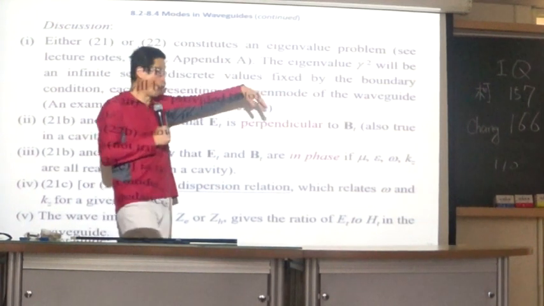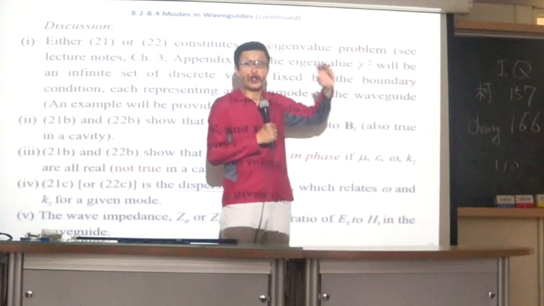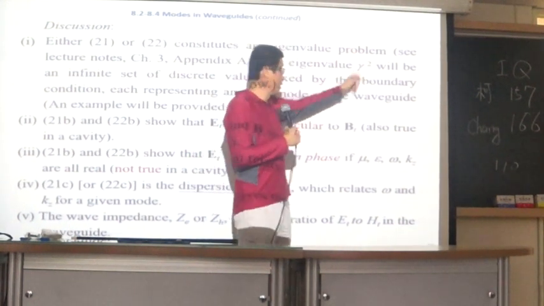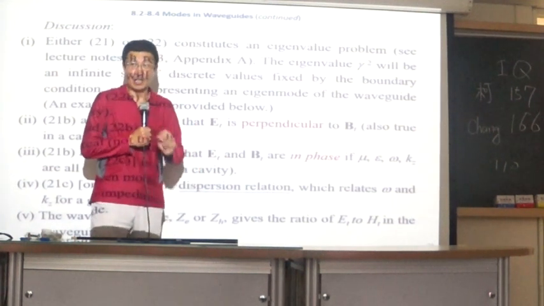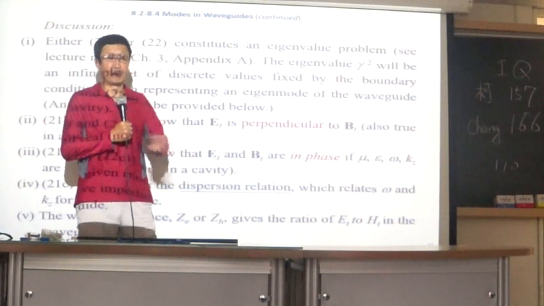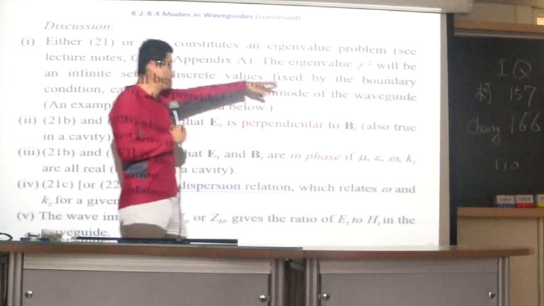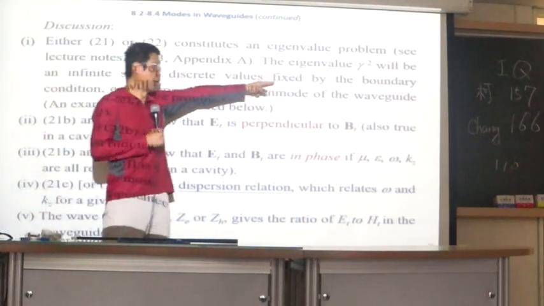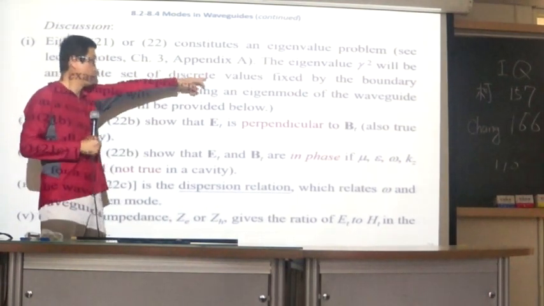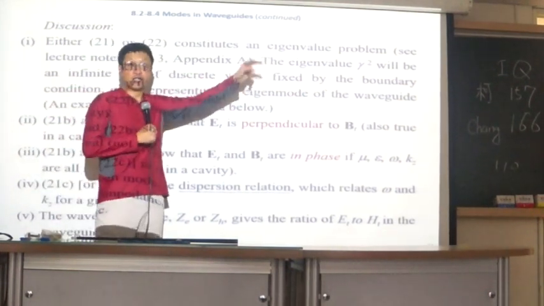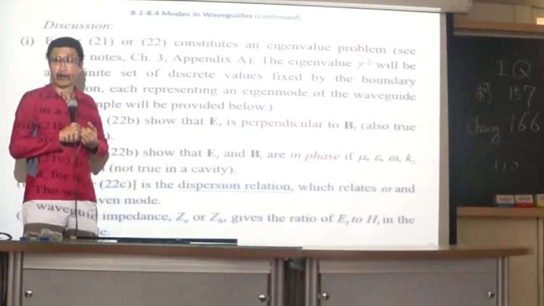Boundary conditions will quantize this value. Okay, we will show you very soon. This one is not continuous for a waveguide. It's continuous for the air, but not continuous for the waveguide. So it will be fixed by the boundary conditions. So I prefer to compare this discrete value case with quantum mechanics. Okay?